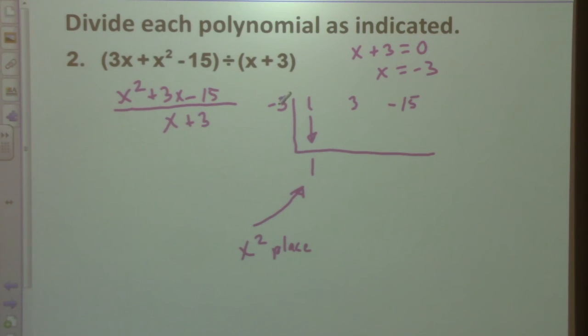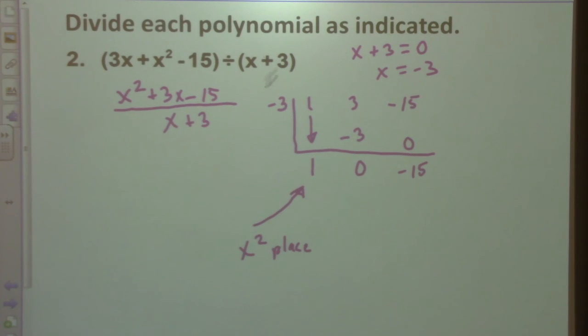And next we have 3, -3 times 1, so we get -3, and 3 minus 3, they cancel out, we get 0, and -3 times 0 is 0, and finally -15 plus 0 is minus 15.